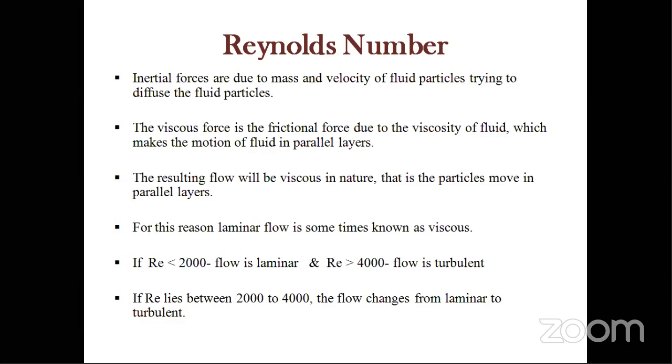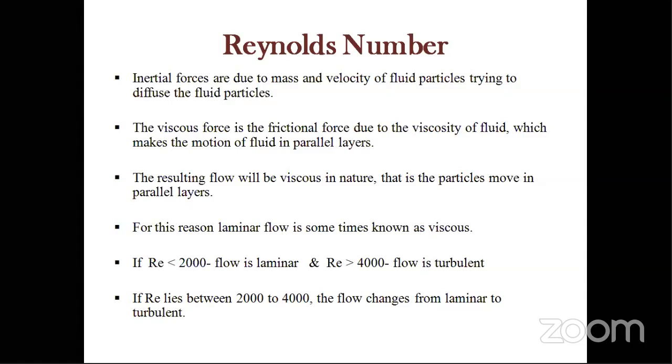The inertial forces are due to mass and velocity, and the fluid particles try to diffuse. So the Reynolds number defines what amount of mass and what amount of velocity of the fluid particles is present, and that also affects the fluid particles.